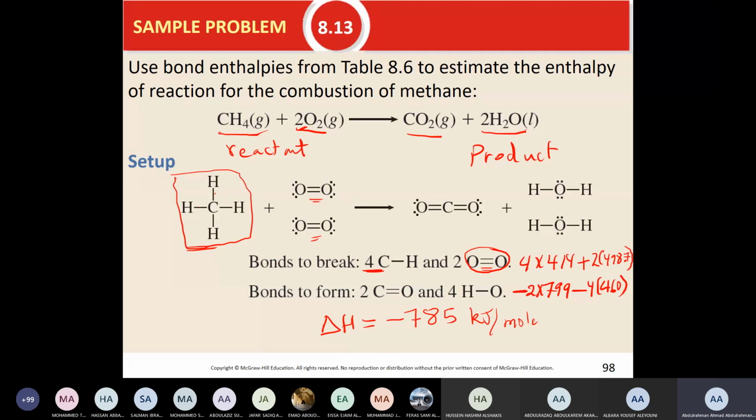Don't forget the Lewis structure. Then you count all the bonds, and whatever you break on the reactant, you make it with a plus sign. And whatever you make in the product, you make it with a minus sign, and you can calculate the total. I hope this is clear, and we finish the chapter this way.